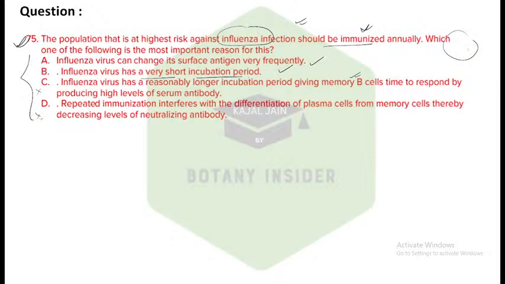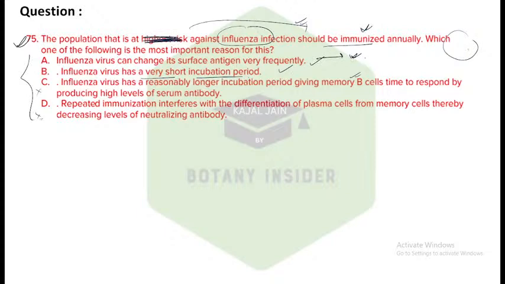The answer would be either A or B. Influenza virus can change its surface antigen very quickly, and influenza virus has a very short incubation period. If the question had not mentioned the highest risk, the answer would have been option A.